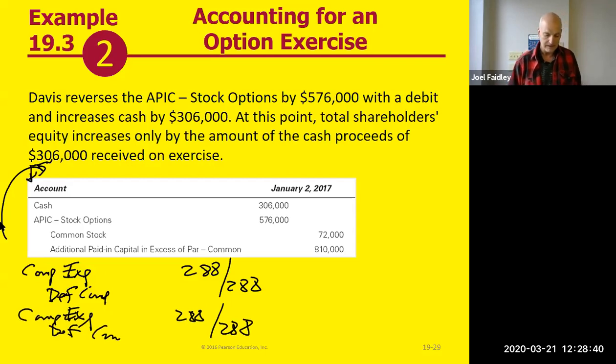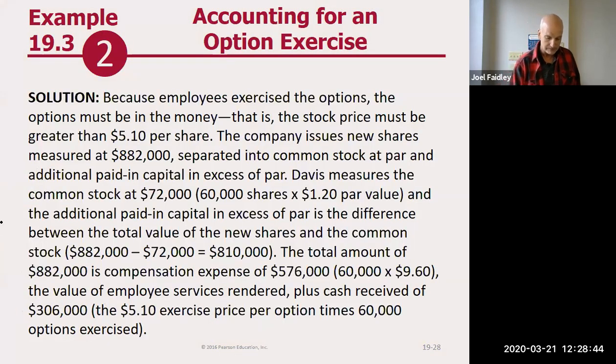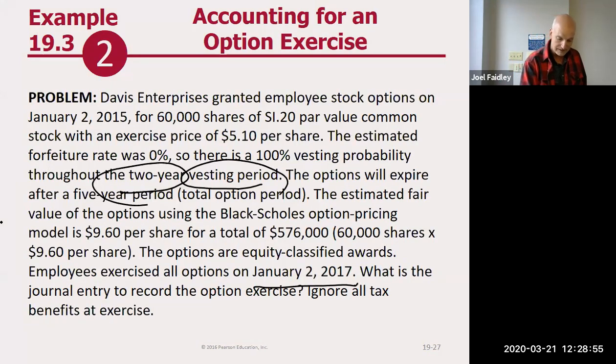So this is an increase in cash by 306. Where does the 306 come from? Well, let's just look on here. 306, that's the exercise price times 60,000, right? That was up here, 60,000 shares.